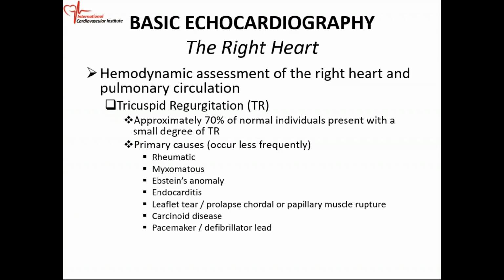Endocarditis can also cause tricuspid regurgitation, because if you have anything on the tricuspid valve which prevents proper coaptation of the valve leaflets, it can become regurgitant. Leaflet tear or prolapse of the chordal or papillary muscle structure.